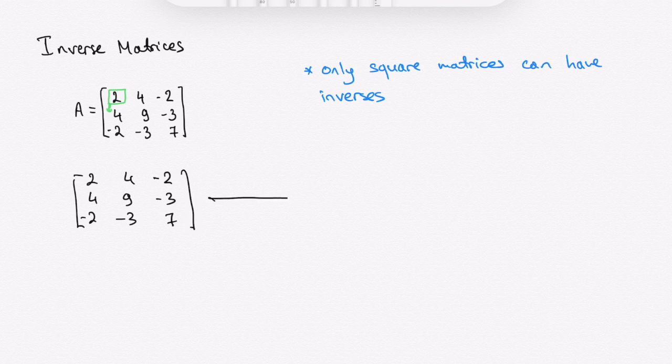The action that we want would be R2 minus 2R1 into R2. And what we're going to get will be 2, 4, negative 2. Now here we get 0, 1, 1. And the third row is the same.